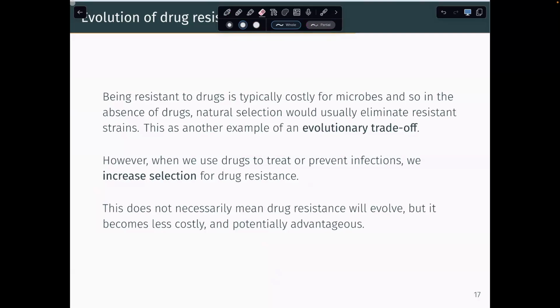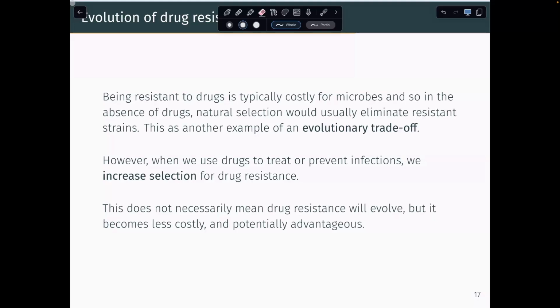Plasmids can encode resistance against different antimicrobials, but those plasmids themselves can be metabolically costly to carry. So we might expect some growth costs typically associated with drug resistance. It's not just a case of pathogens having a free ride and evolving resistance. There's typically some trade-off they're going to experience.